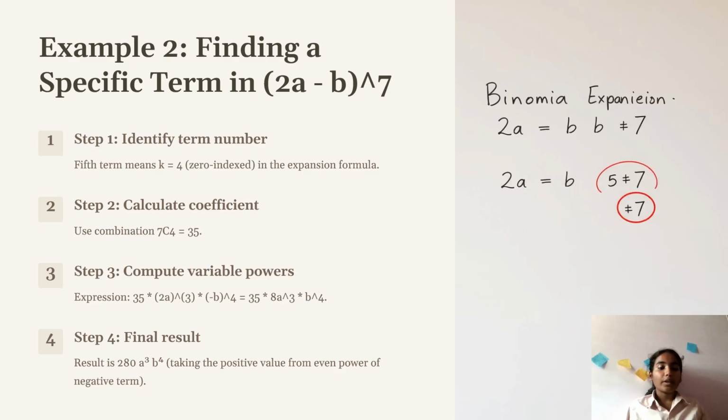Expression: 35 times (2a)^3 times (-b)^4 equals 35 times 8a^3 times b^4. Step 4. Final result. Result is 280 a^3 b^4, taking the positive value from the even power of the negative term.